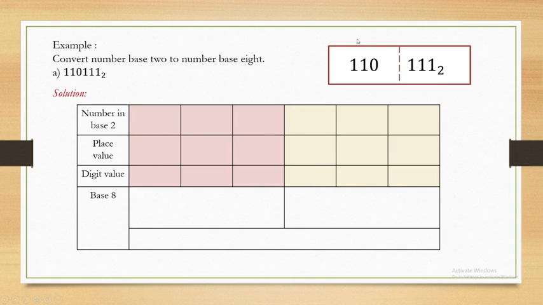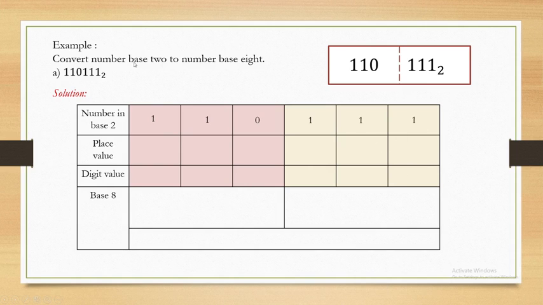Okay, remember this is one group, this is one group. Arrange the number in this 1, 1, 0. This pink color represents this group, and this yellow color represents this group. Okay, 1, 1, 1. And for the place value, we must start from the right.